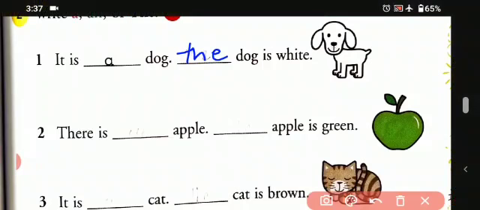Okay, student? There is dash apple. So it's an apple. So there is a vowel. Okay. So dash apple is green. So what is green? The apple is green. So that means that is being denoted as green. So we'll be using the. The apple is green.